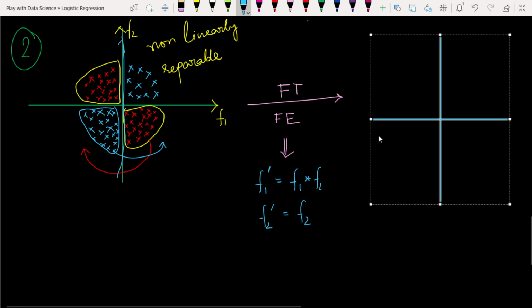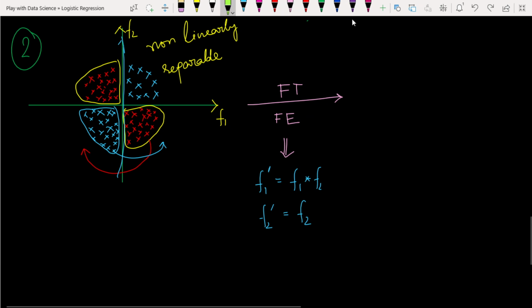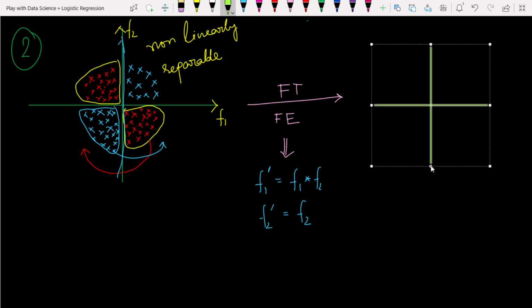Okay, first let's take this side. Our F1 is positive and F2 is also positive.